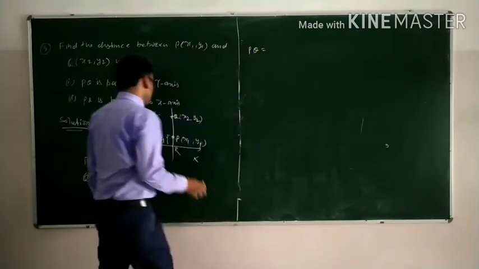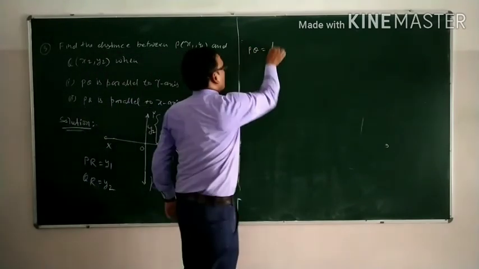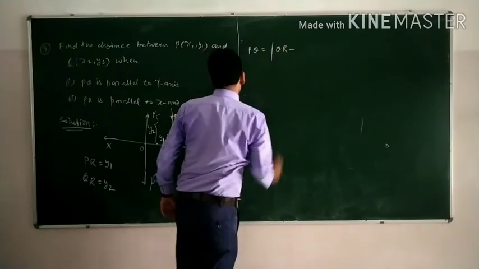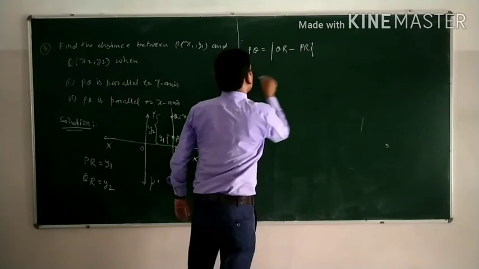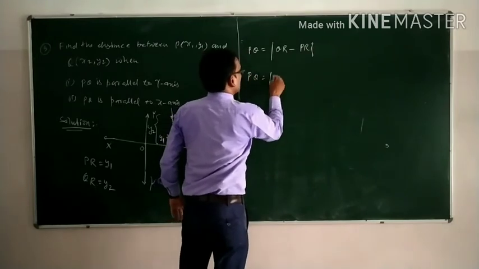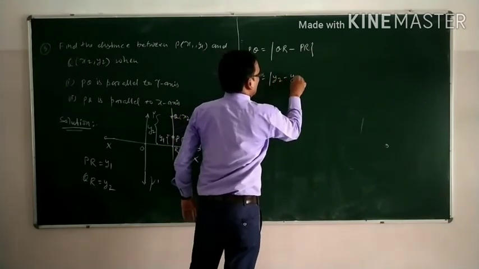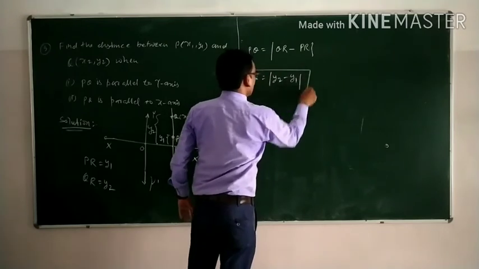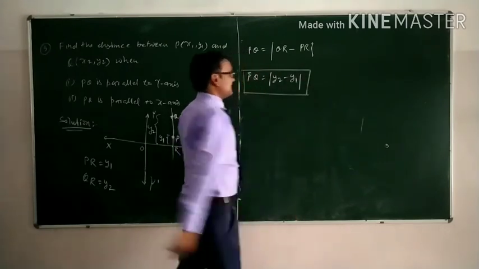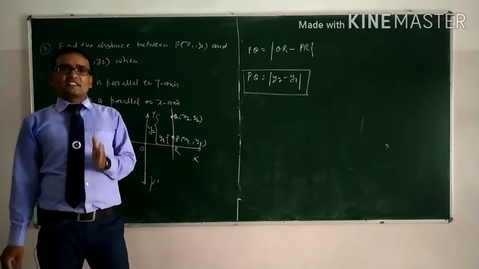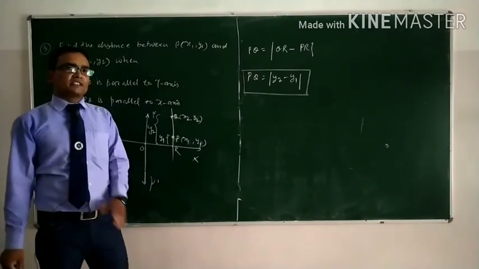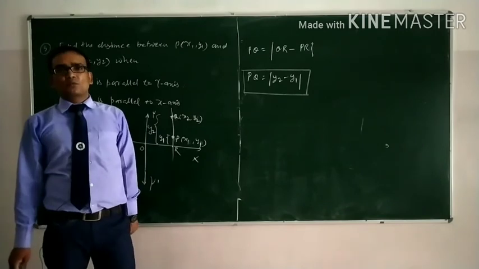PQ is mod of QR minus PR. Okay student, PQ equal to mod of y2 minus y1. If PQ is parallel to the y-axis, then the distance between two points P and Q is mod of y2 minus y1.